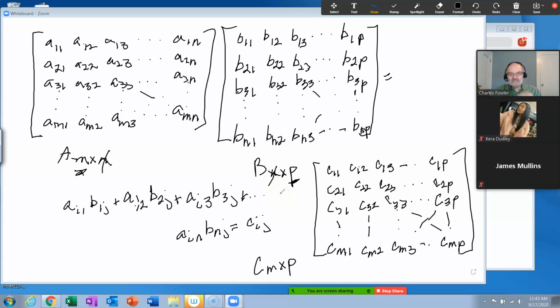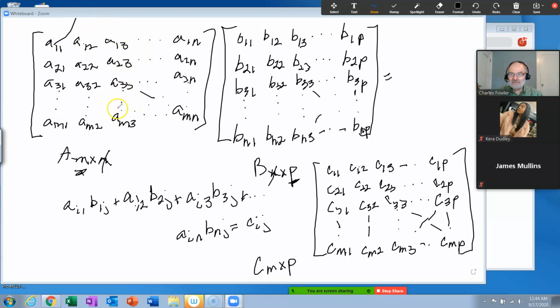Okay, now that's exactly what we were doing. I wish I had 2 markers. I can only show 1. What we're doing here is multiplying.